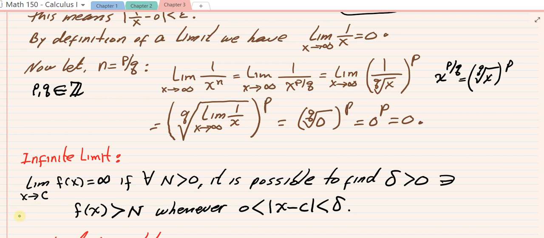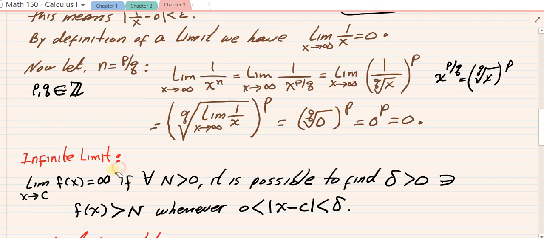What does that mean? Well, that means for every n positive, it's possible to find a delta this time. The infinity is here, so it's different than what we had above. Looking up here, x approaches infinity. Here x doesn't approach infinity, the function approaches infinity.